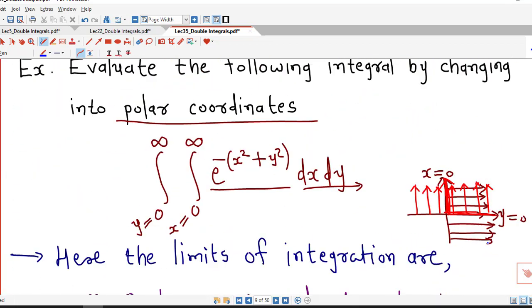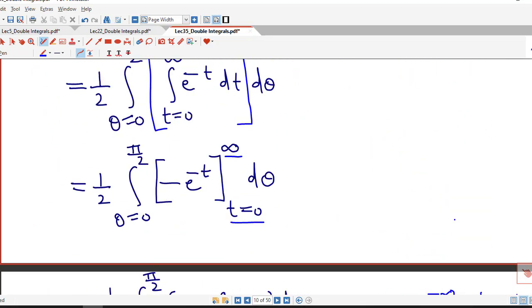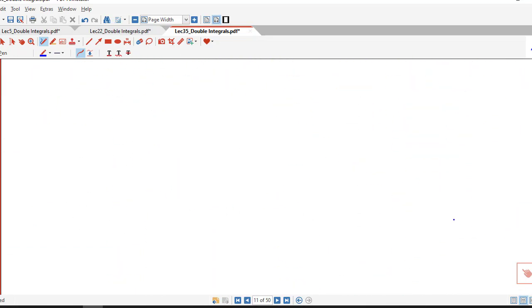So in this way we can use polar coordinates to evaluate some Cartesian integrals. It is very easy sometimes if we use polar coordinates and convert a Cartesian double integral into a polar double integral.